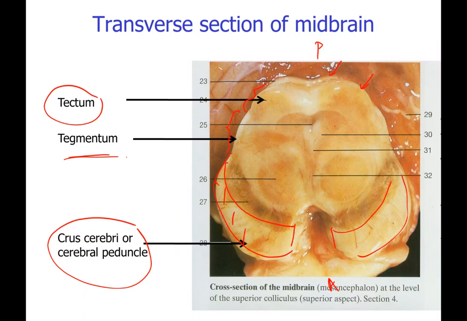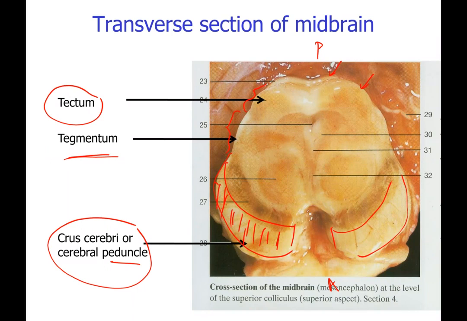So you have tectum with the superior and inferior colliculi, then cerebral peduncles, which actually carry all motor tracts down. The motor tracts from the cerebrum or the cerebral hemispheres down to the cranial nerve nuclei and the spinal cord, they come down through the cerebral peduncles.